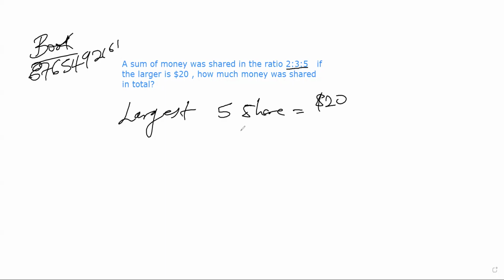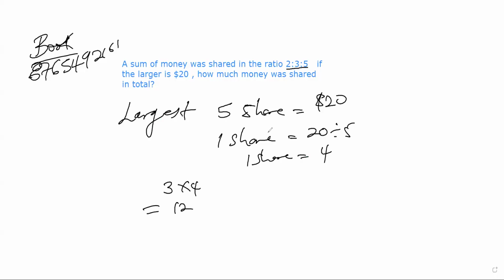So then, for all the other numbers you'd multiply by 4. So 3 times 4 is 12. And 2 times 4 is 8.